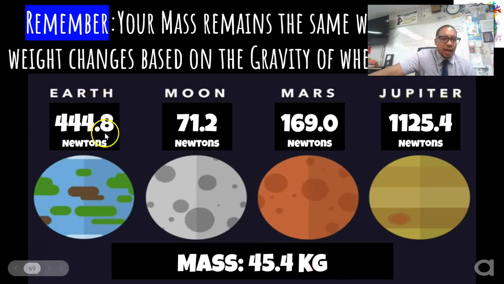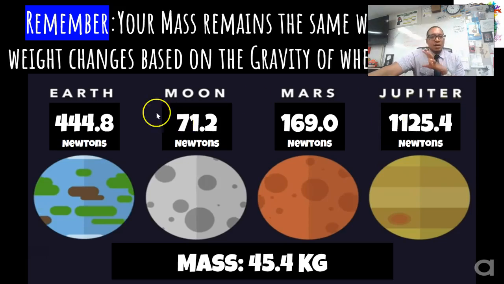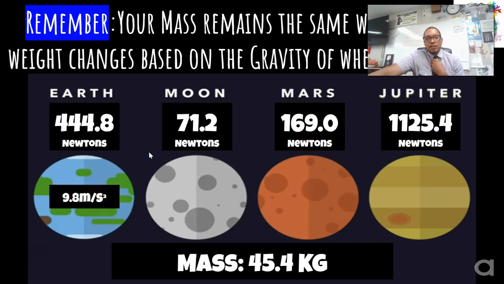When you actually do some math, we'll talk about how we got to these numbers and how you are able to find weight. Your weight, as you can see, on each one of these planets is different, because the gravity on each planet is different. The gravitational constant for Earth is 9.8 meters per second squared. You will memorize that by the end of the year, don't worry.